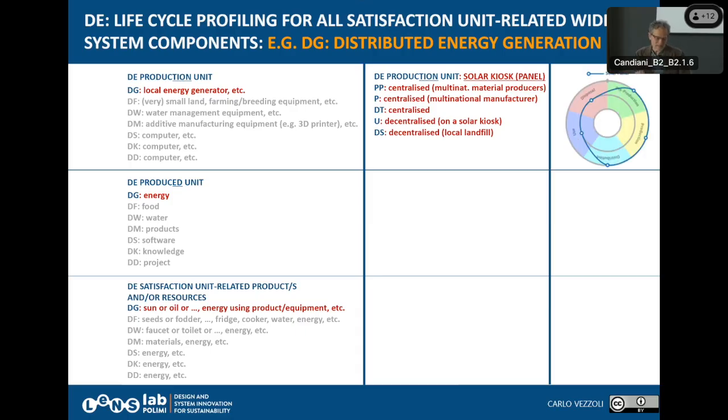That means that the solar panel would draw a graph that would look like this. So you see that saying distributed, decentralized, or centralized is not that easy. It's not to say, okay, solar panel is distributed. No, it depends. The material, where are they coming from?